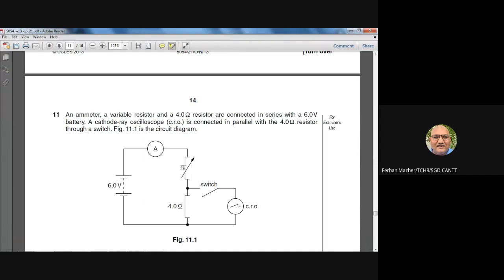The resistance of R2 is fixed, but when the resistance of this variable resistor decreases, the resistance of this whole circuit will decrease. When the resistance of the whole circuit decreases, the current coming from the battery is supposed to increase. The current coming from the battery will increase and the ammeter will show a larger reading.